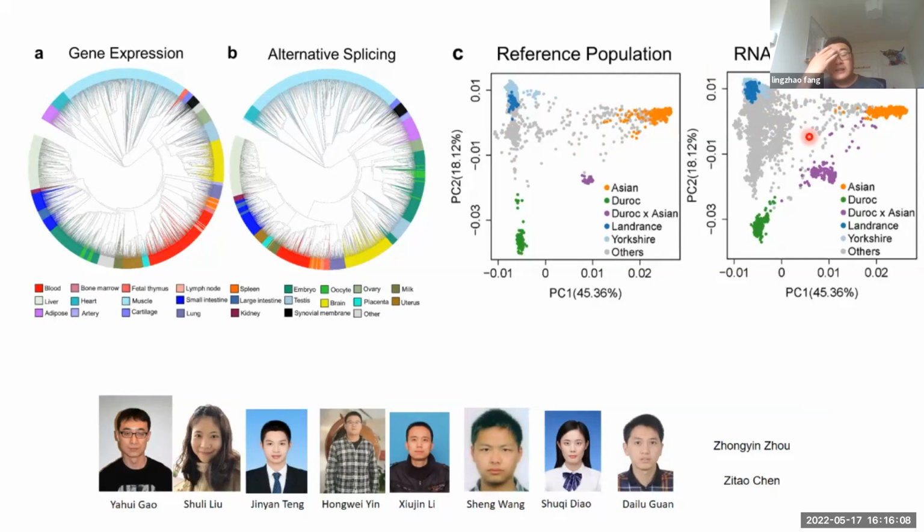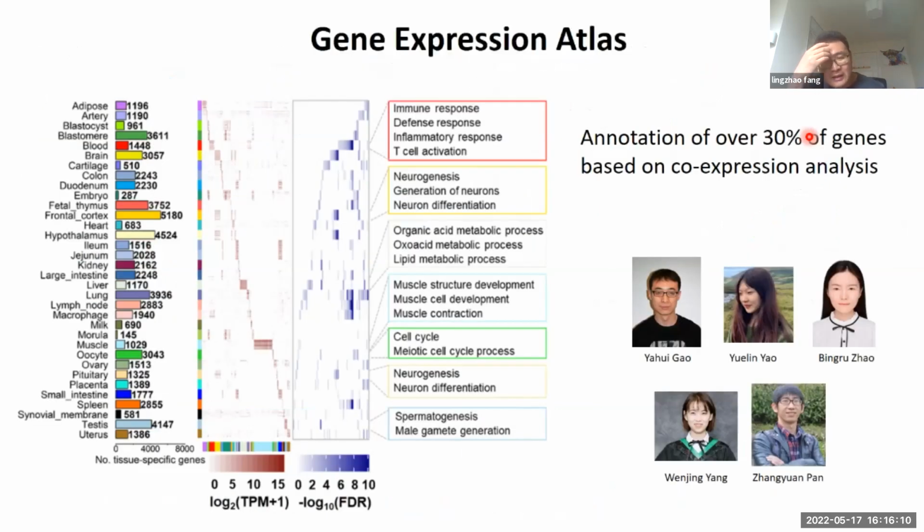Then another section, which is also the first output of this project, is the gene expression atlas in pigs. This is the largest gene expression data set, including over 100 different tissues and cell types.